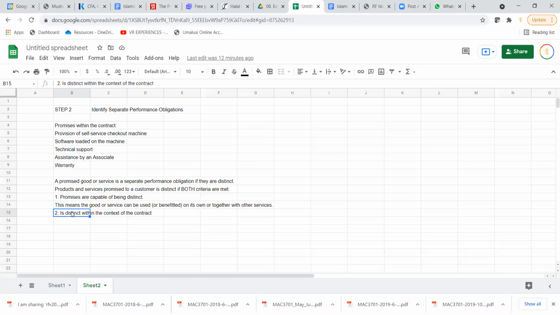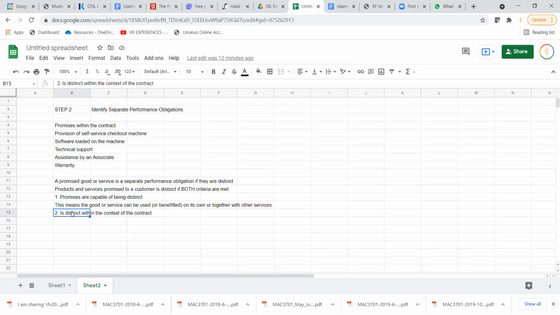So if you have a look at the scenario, the software is an integral part of the machine. Without the software, the machine can't work. So that indicates that the software plays an integral part of the machine.